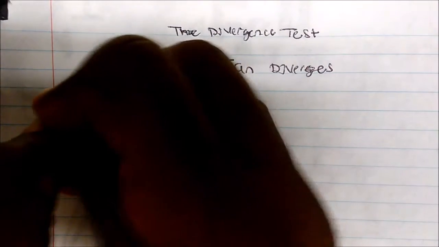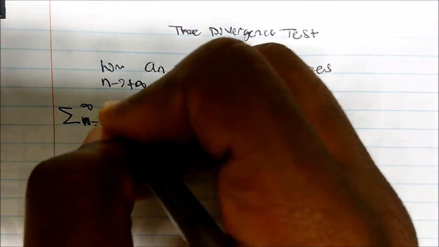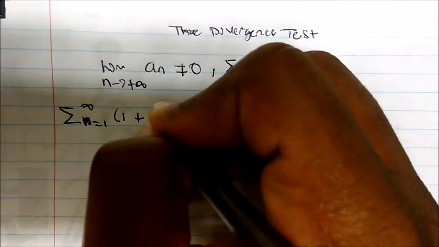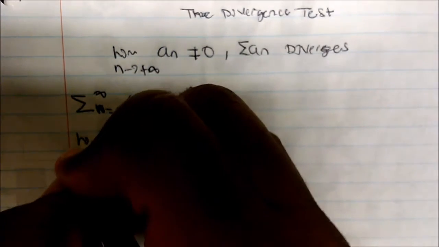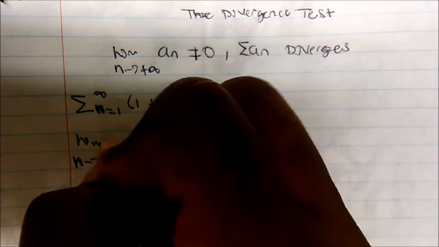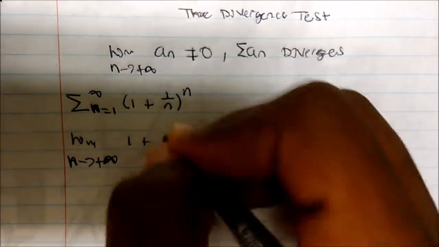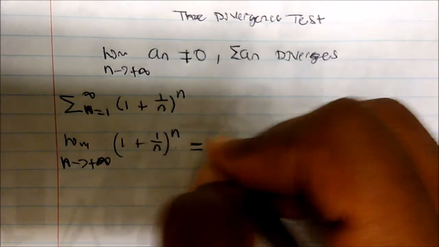Maybe if we're given a series where n is equal to 1 to positive infinity of (1 + 1/n)^n. If we take the limit as n approaches positive infinity of (1 + 1/n)^n, this is the famous e.